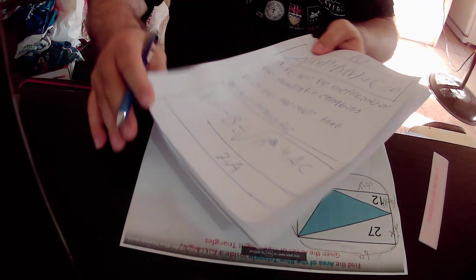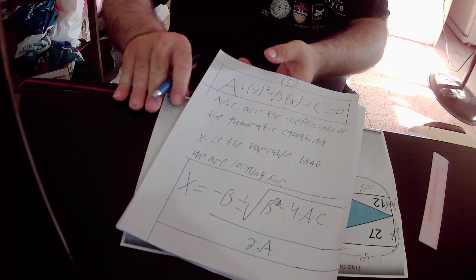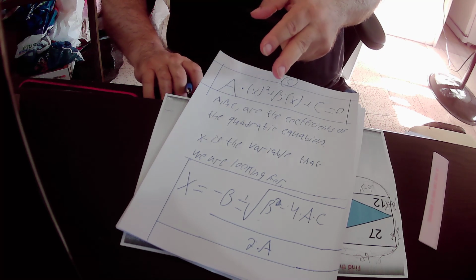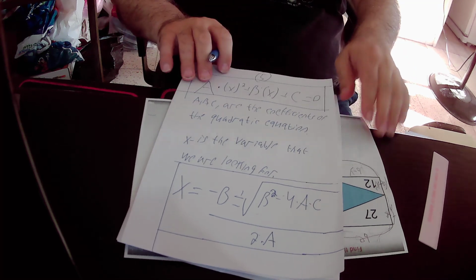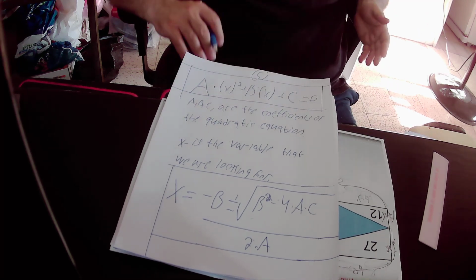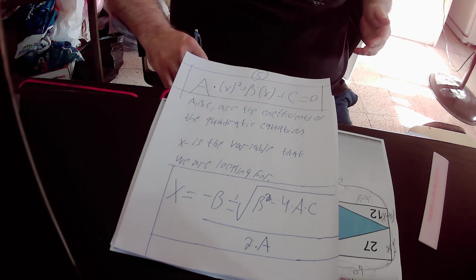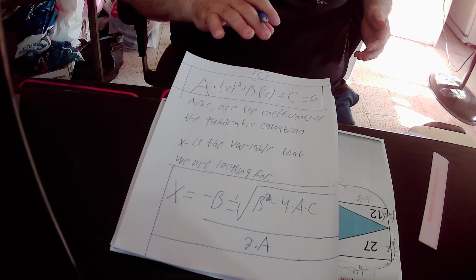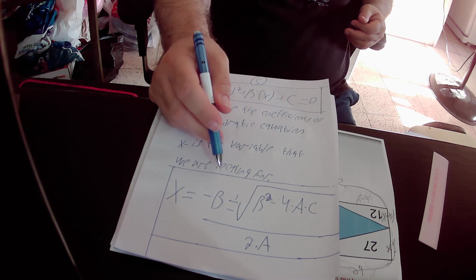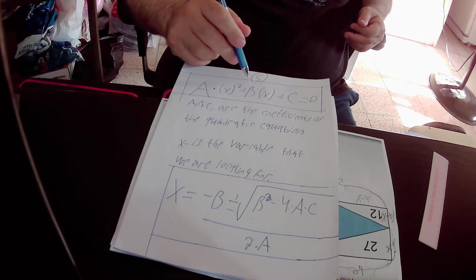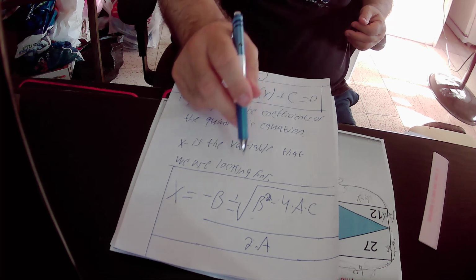So this is the general formula for x. It will help us to find the value of x from the quadratic equation. X equals minus b. Minus b is the coefficient of the quadratic equation.